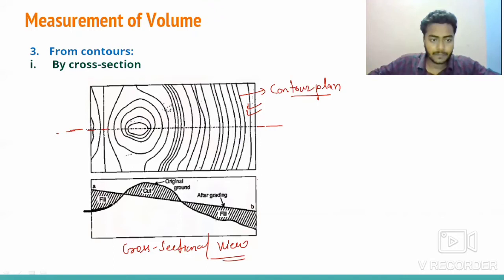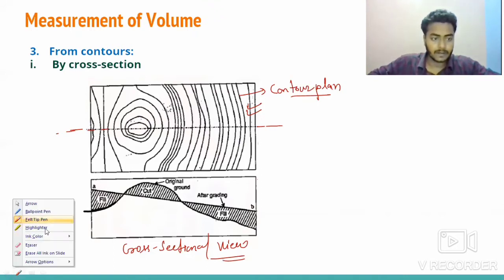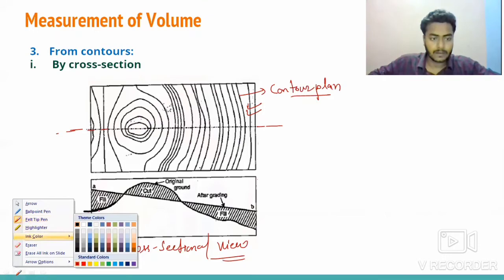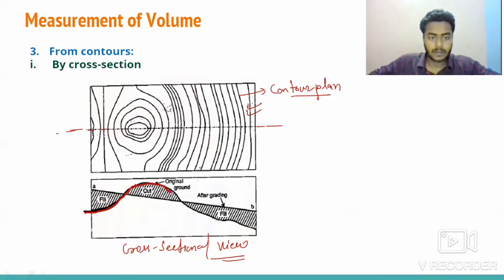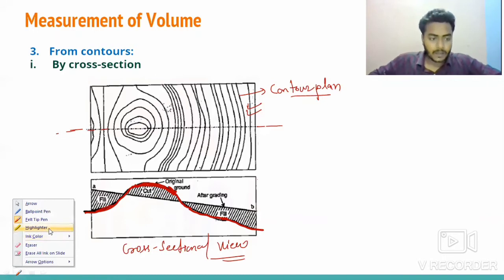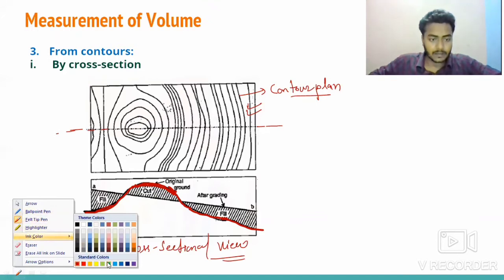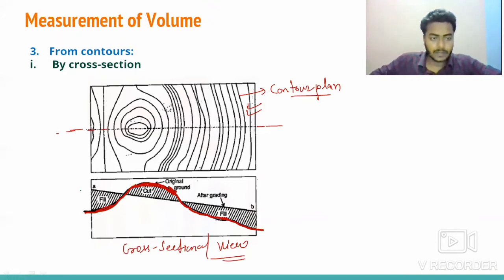This is showing the actual ground pattern, or actual features of the ground. But we want the ground in a finished surface like this, in a particular gradient, which I have shown by the green line.